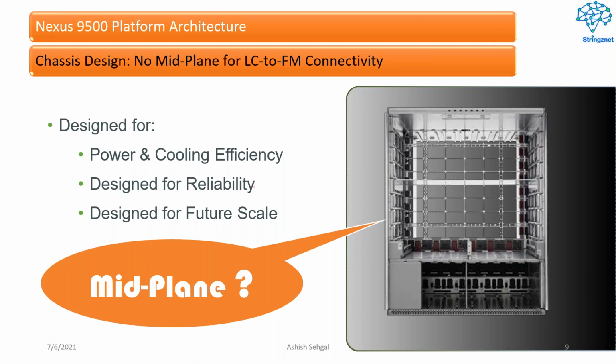What does this mean, guys? Just think of how line cards are interconnected in some chassis. They must be interconnected through certain copper traces or certain other cables, lines, etc. But in this particular chassis, if you remove all the line cards and supervisor engine, you will see that the chassis is absolutely blank.